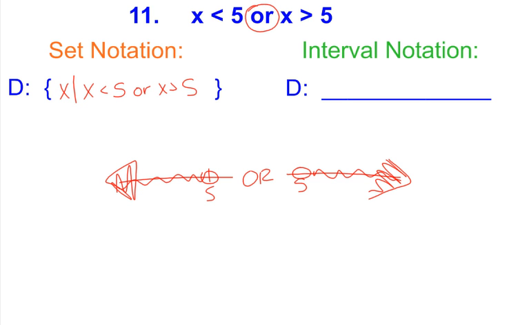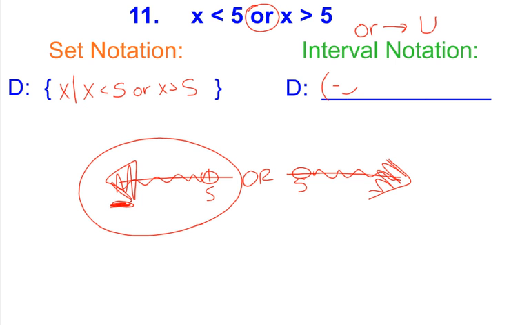The word or in interval notation, we use the symbol union. So that's a union symbol. It's just a big U. And so we will start by saying, okay, this first shading right here, where did I start this graph? Way over here. We would call that negative infinity. And I use the parentheses because it's infinity. And I keep shading until I hit 5, but I don't include 5.